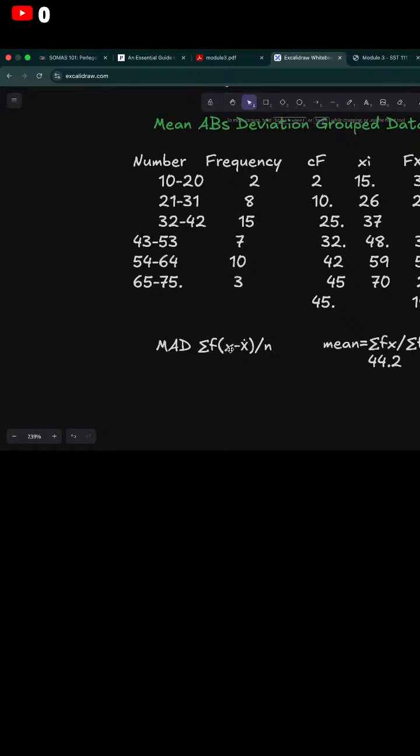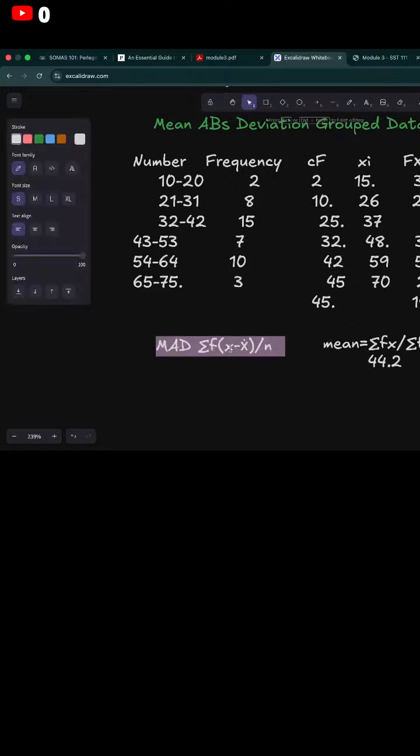Then we are supposed to do the sum, so we should have a column where we are doing x minus mean. So our first point is 15, so we write 15 minus 44.2, we get 29.2.